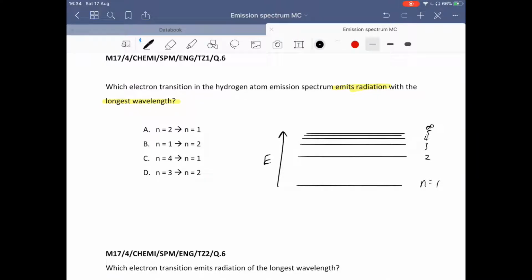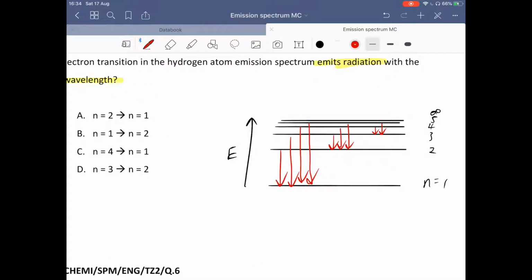There are so many electron transitions from high to low energy level, so maybe from 2 to 1, 3 to 1, 4 to 1, 5 to 1, maybe 3 to 2, 4 to 2, 5 to 2, or maybe 4 to 3, 5 to 3, and maybe 6 to 3. That's a lot. For all the electron transitions from higher levels to the first energy level, the radiation is UV, and the second one is visible, and the third is infrared. That's the key thing you should know in the SL syllabus.